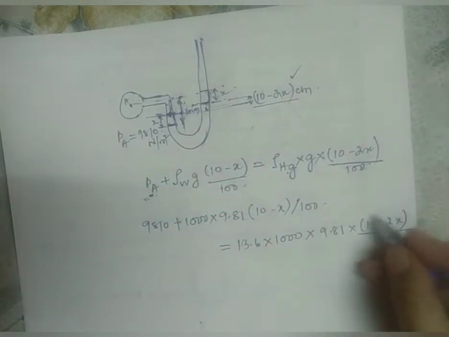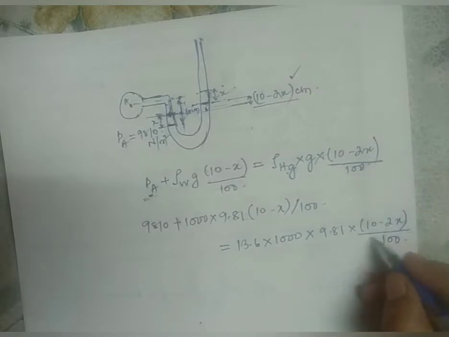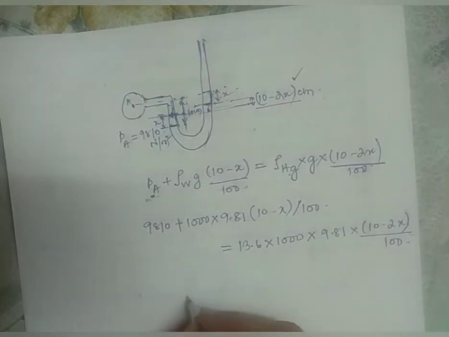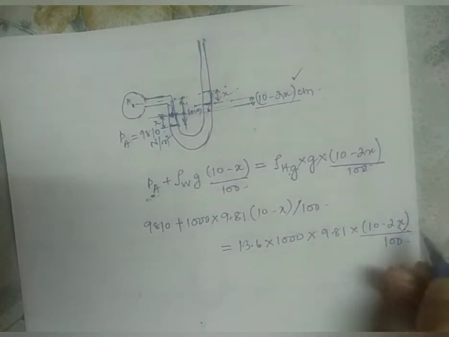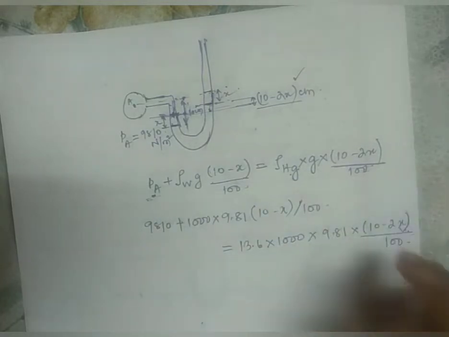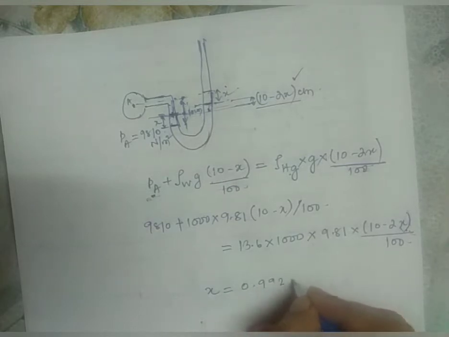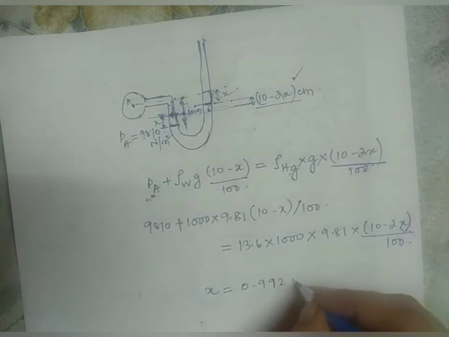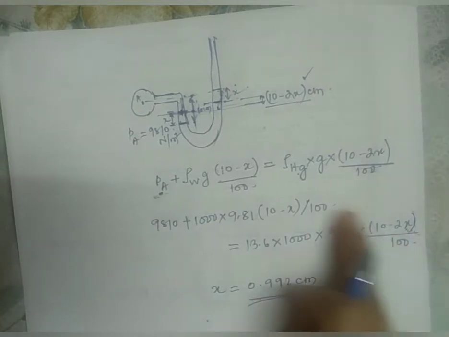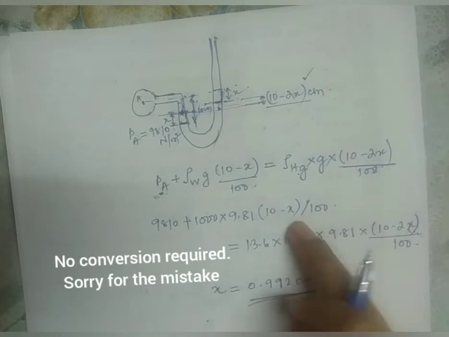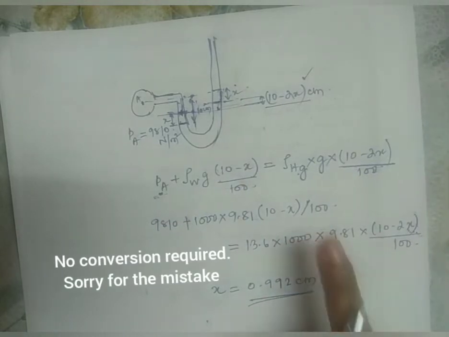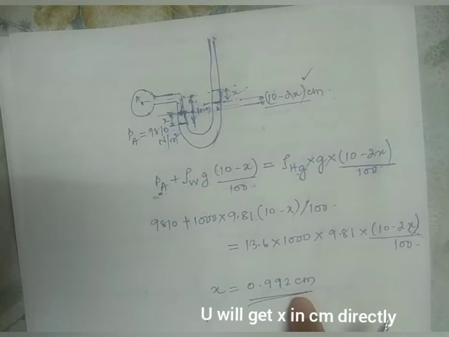To convert centimeters into meters, I am dividing this one by 100. From this I can find out the value of x. The only unknown in this equation is x. So x equals 0.992 centimeters. From this equation you will get x in meters, and I have converted this one to centimeters.